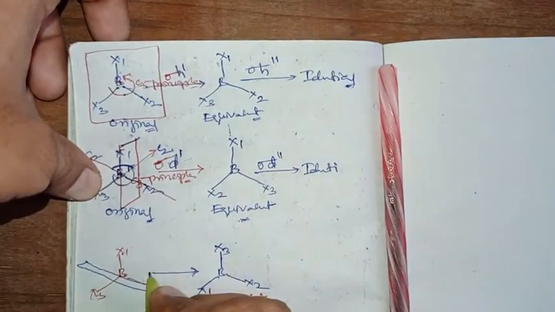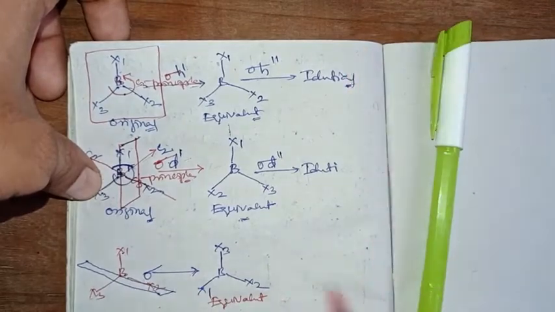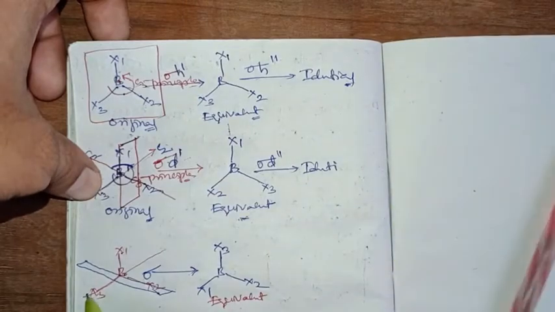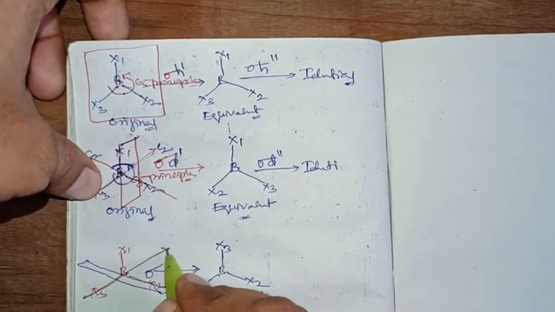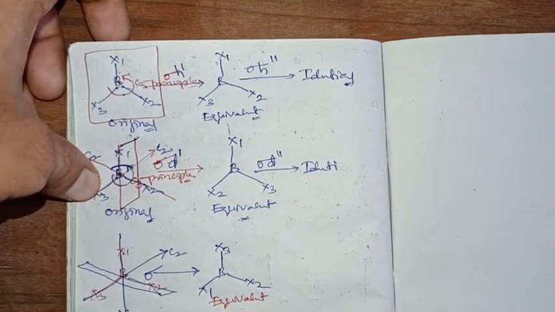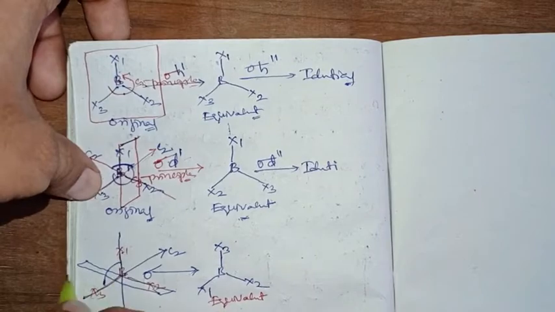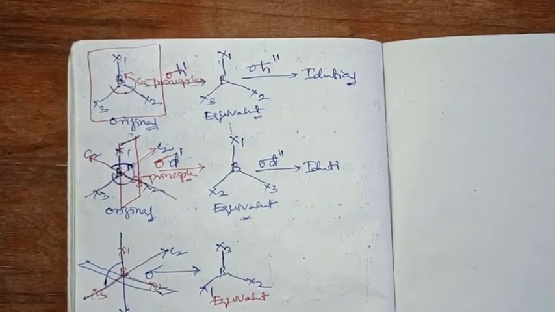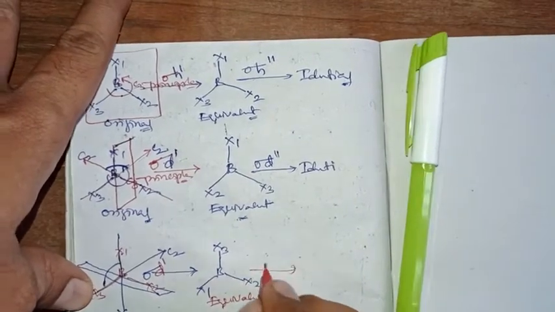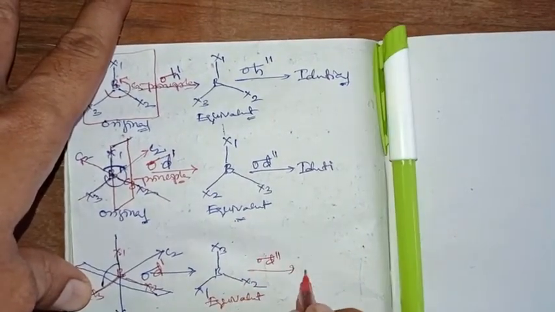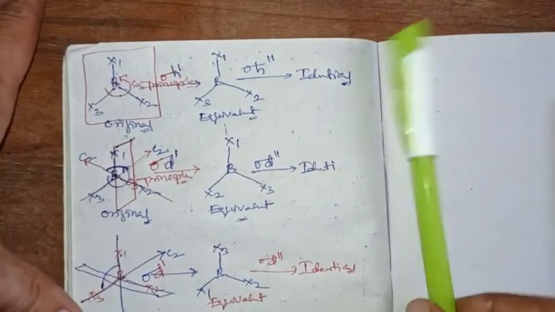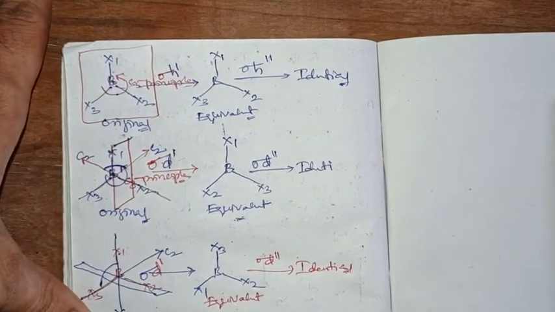Then it is a plane of symmetry, and here it bisects the angle of two consecutive C2s of this and this. The angle is here, which is bisected by the plane, so it is a dihedral plane. One time equivalent, doing the same dihedral plane a second time, an identical configuration will be generated. Same in the next also.